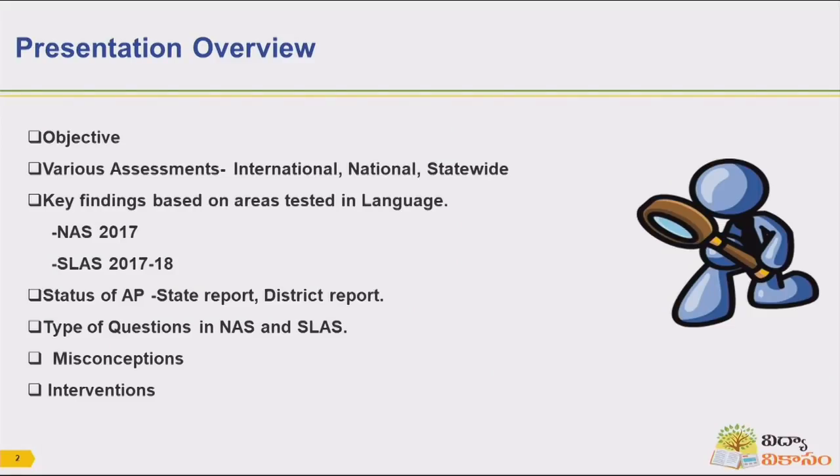First we will go through the objective of the session, and then we will see what are the various assessments in the state, and then what are the findings of these assessments, National Achievement Survey and Students Learning Achievement Survey, and then what is the status of our AP state with respect to NAS and SLAS results, and then types of questions that they have given in National Achievement Survey and Student Learning Achievement Survey, followed by misconceptions and then the interventions.